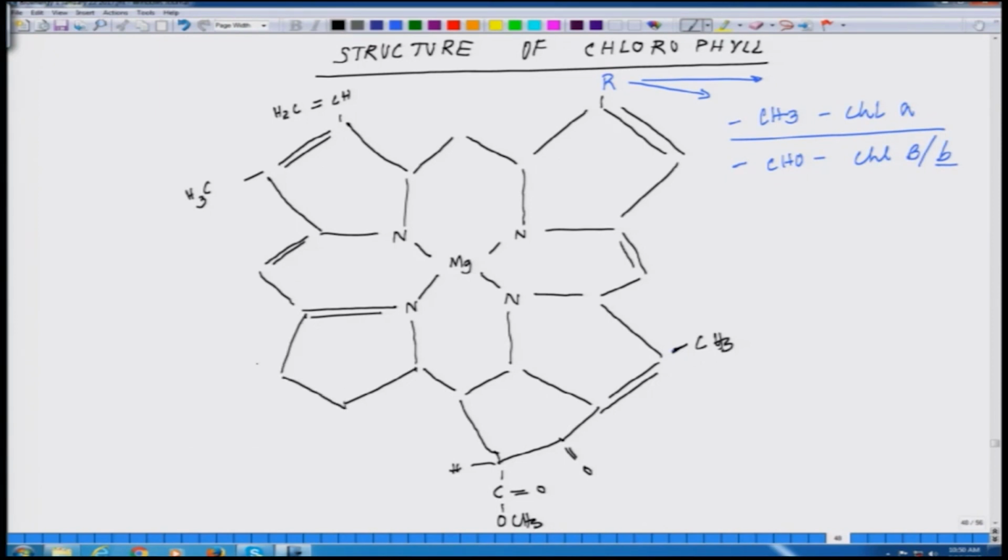Off the plane you have a methyl group, hydrogen out here, another hydrogen, and out here is where the second level of modification comes.